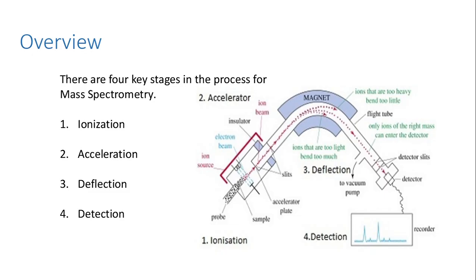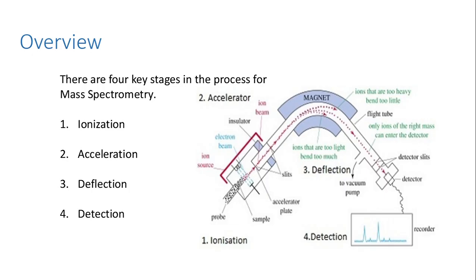Then in the flight tube there will be deflection, and only ions of the right mass can enter the detector. Then the sample enters the detector slits, and the detector will record the mass spectrometry finding. So the four key stages are ionization, acceleration, deflection, and detection.